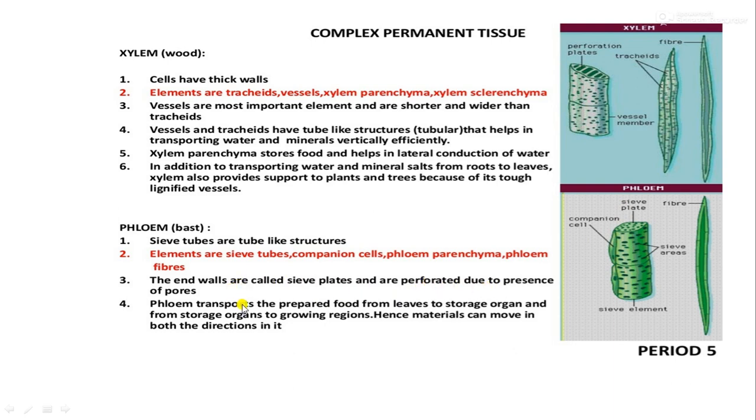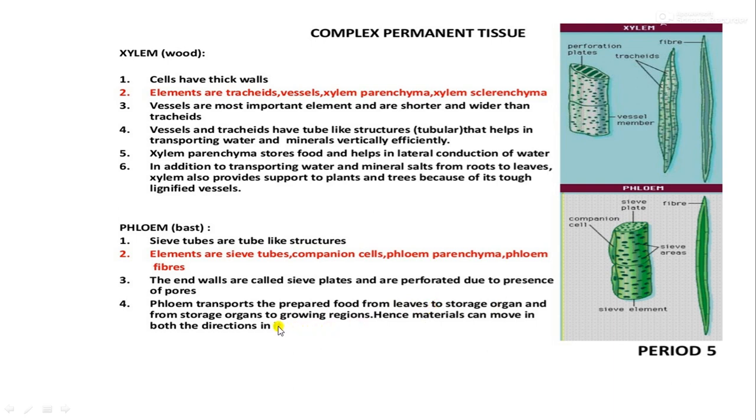And phloem, what's the function? Phloem transports the prepared food from leaves to storage organs. Because leaves synthesize food by photosynthesis, but all parts of the plant need food. So the food is transported to all parts of the plant till the roots by the phloem.